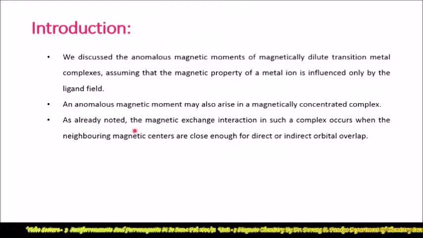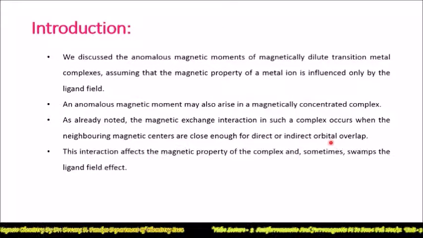As already noted, the magnetic exchange interaction in such a complex occurs when the neighboring magnetic centers are close enough for direct or indirect orbital overlap. This interaction affects the magnetic property of the complex and sometimes swamps the ligand field effect.